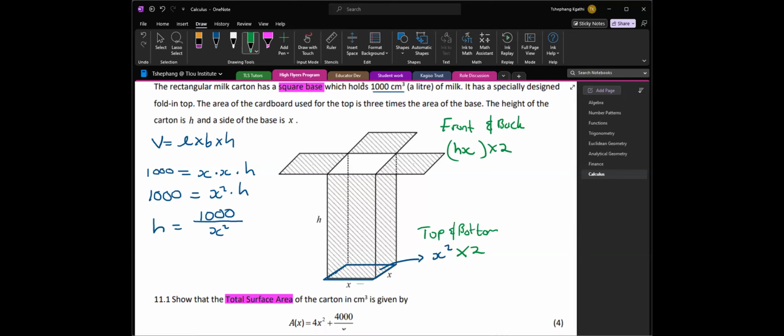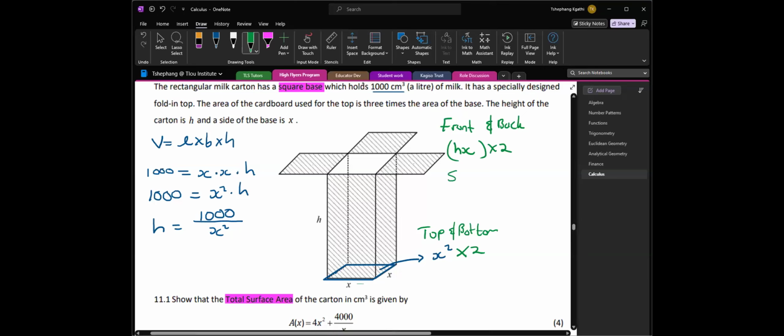Now looking at the sides, the side on the right and the side on the left, the area of that would be hx as well, but multiplied by 2 because of the two sides.